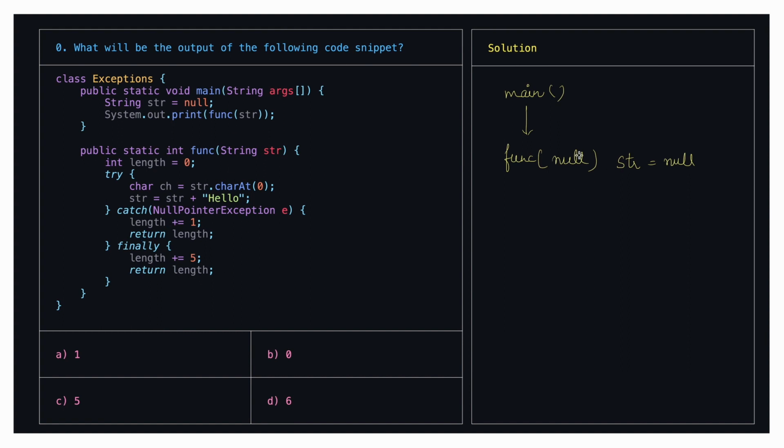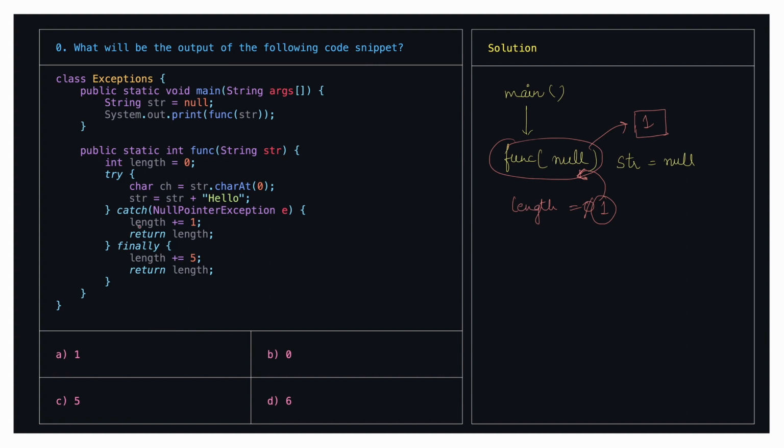Initially we had length as 0. The catch block says increase the length by 1, so length is now 1, and it also says return this length. So this 1 will get back to the function call, which means this function call is holding a return value of 1.